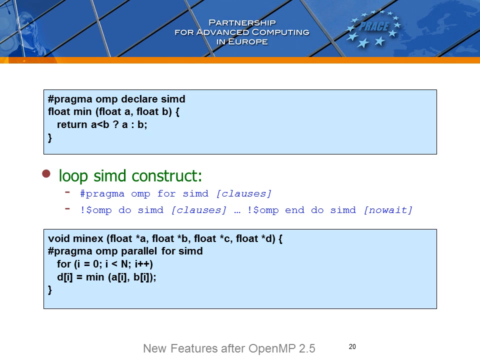Clauses can be any of the clauses accepted by the for or simd directives with identical meanings. In the example below, we calculate the minimum of two vectors entry-wise in a SIMD loop instead of a classical parallel for loop.